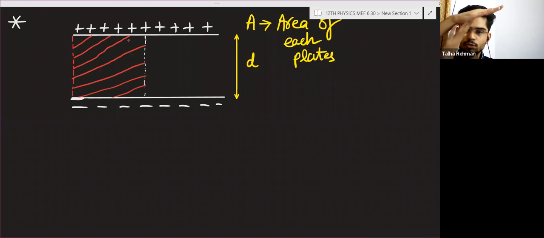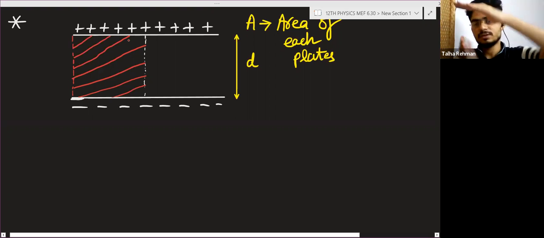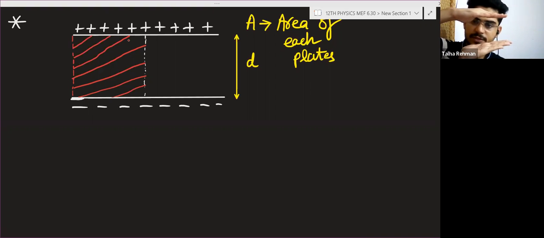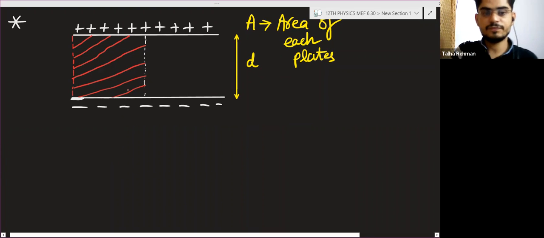This is the total area, and in the half of the area, from here to here, this is the capacitor. And this is the area of the plate, and in the half of the area, this area is filled with dielectric.